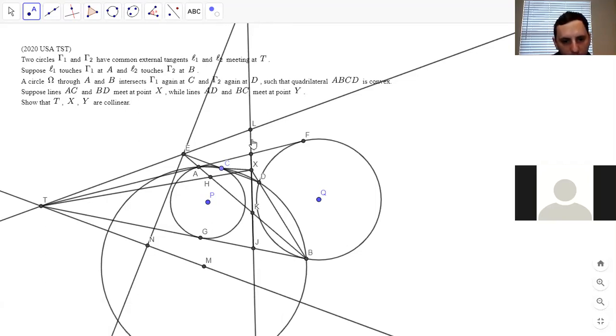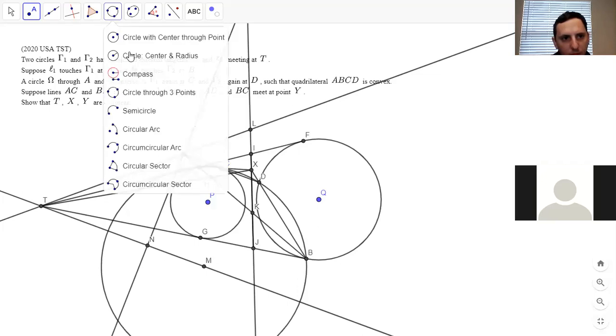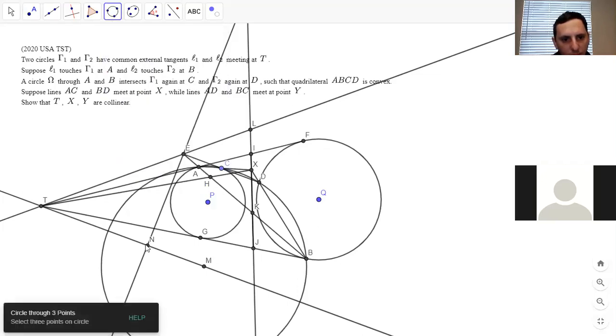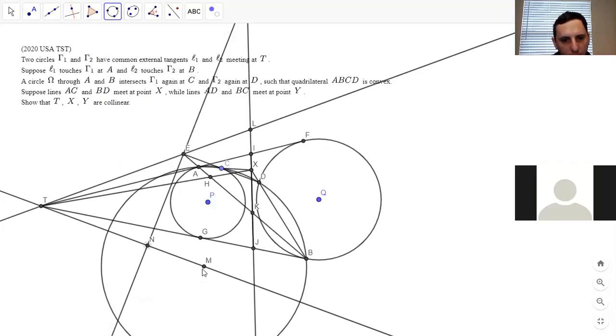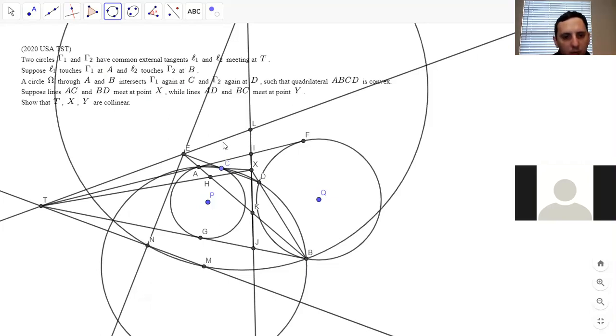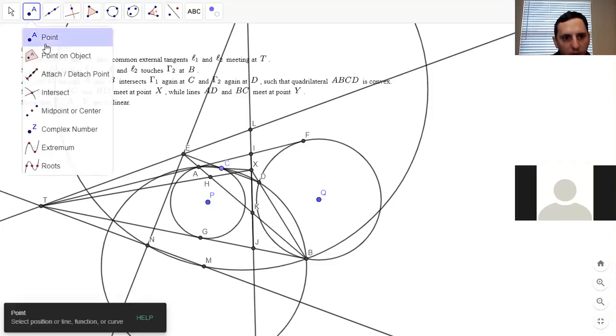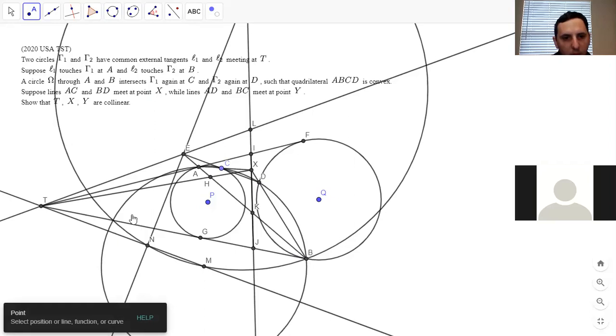Now draw the circumcircle NMB. NMB? Yes, NMB. Okay. And that should pass through that point, yes. Okay. Oh, well, that is sufficient. Oh, that would solve it. Okay.